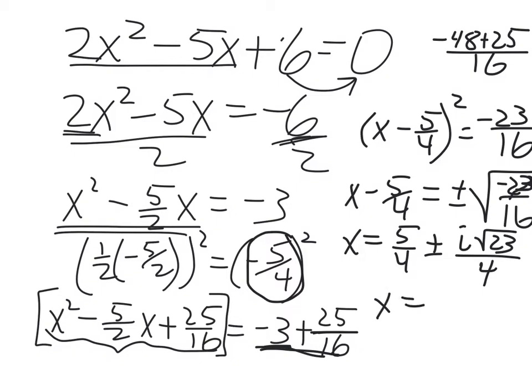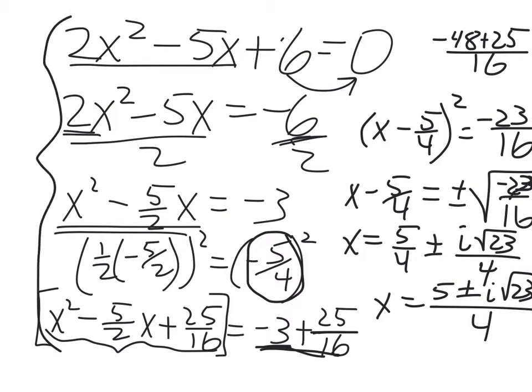So using the quadratic formula, we would have ended up with this form. So we get the same answer, a little different approach, but this process right here is what we're going to use to prove the quadratic formula. Okay?